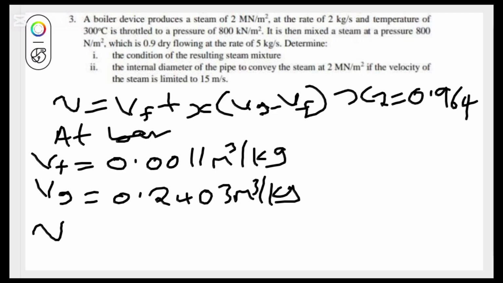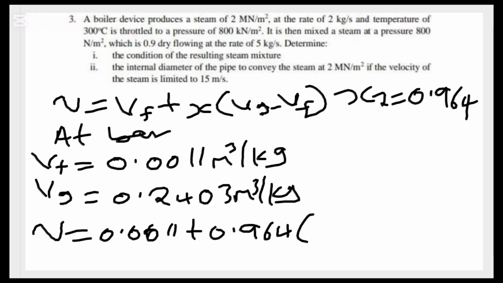So as usual, the specific volume will now be equal to, I substitute, 0.0011 plus 0.964 multiplied by Vg minus Vf.